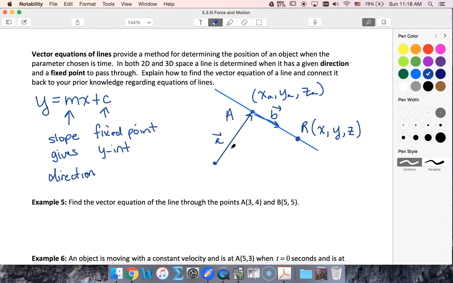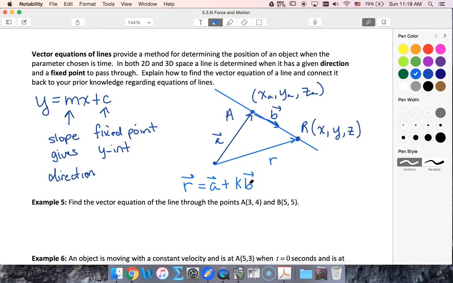So I could call that vector A, and then I would add multiples of B to get my resulting vector, the new point on the line. So I could say that R is equal to A plus some multiple of my vector B. And that could be positive or negative because points could end up over here.